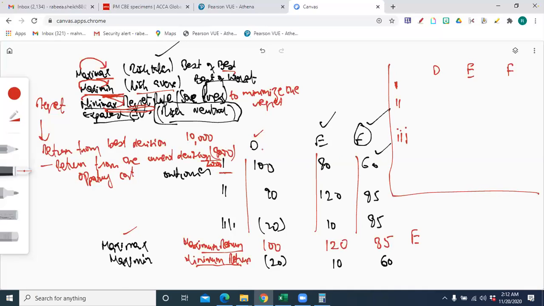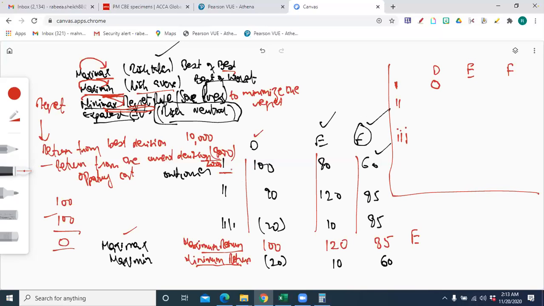The best return comes from D, right? The return from the best is 100, and if he takes D, the return from the current decision is 100 as well, he didn't lose anything. Here the regret would be 0.